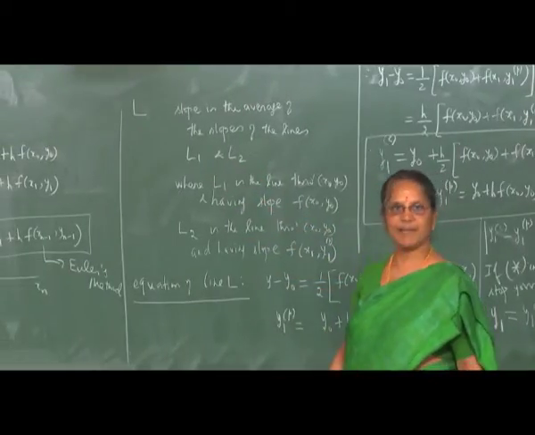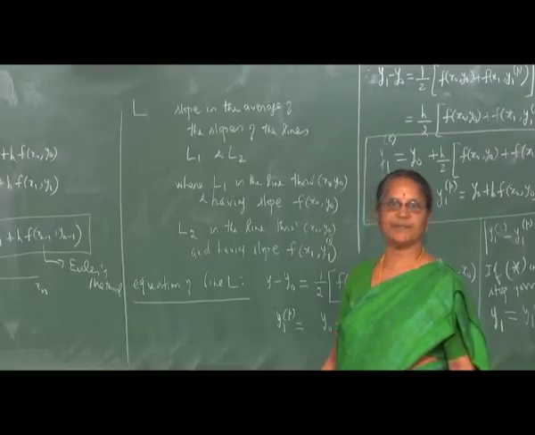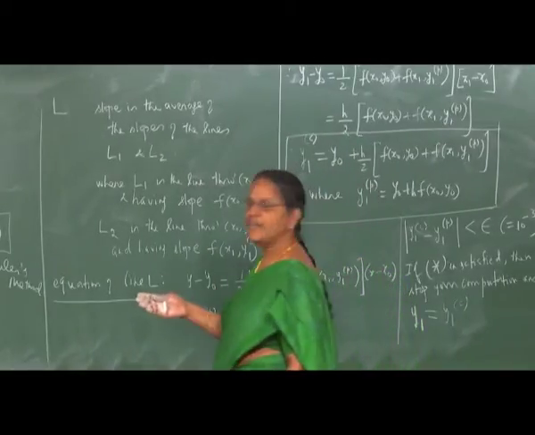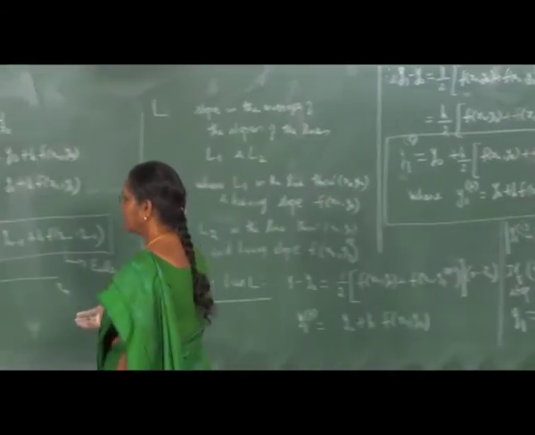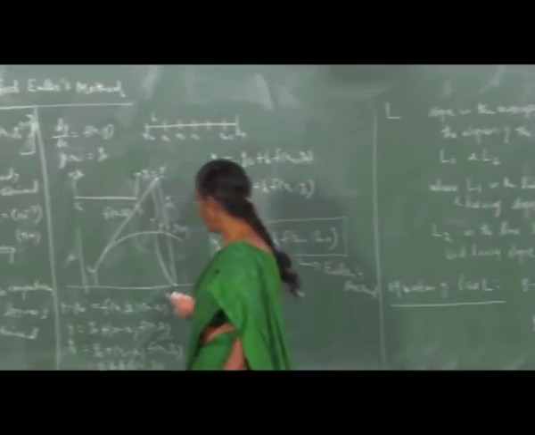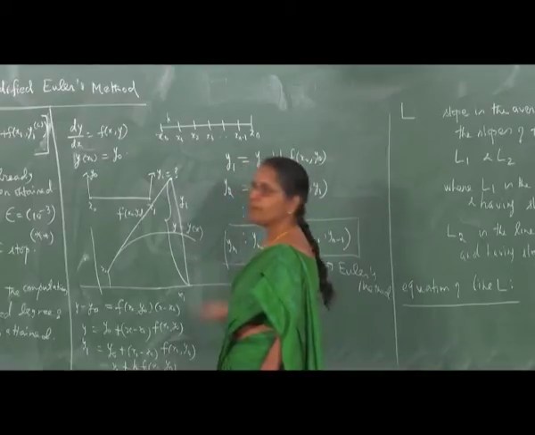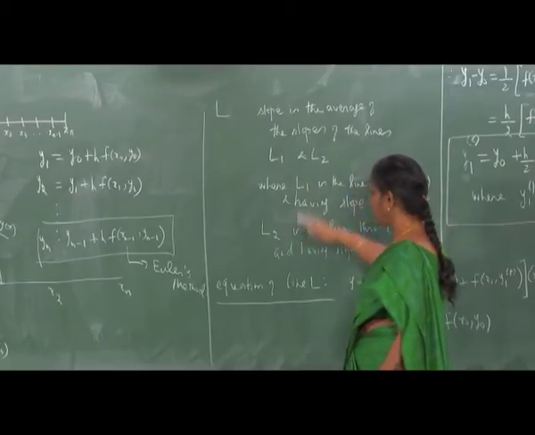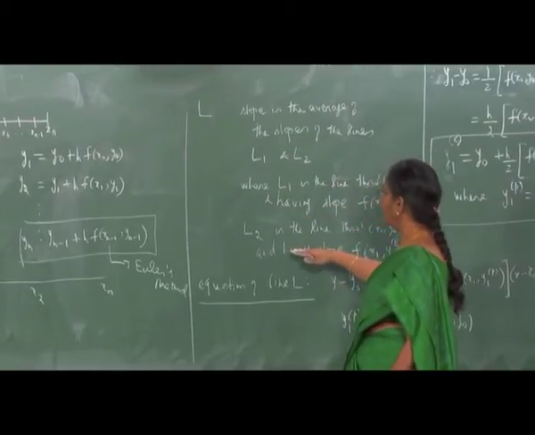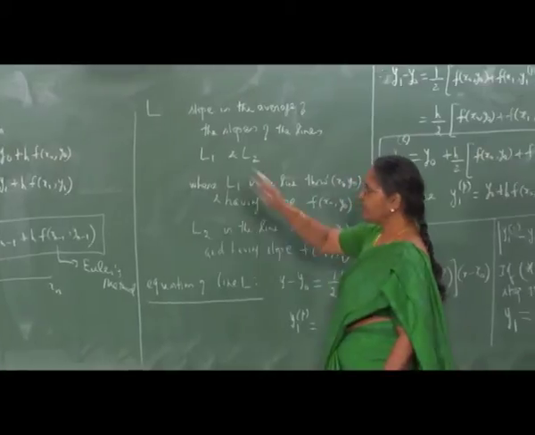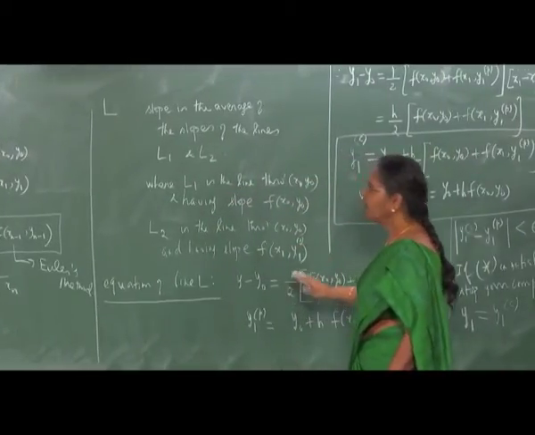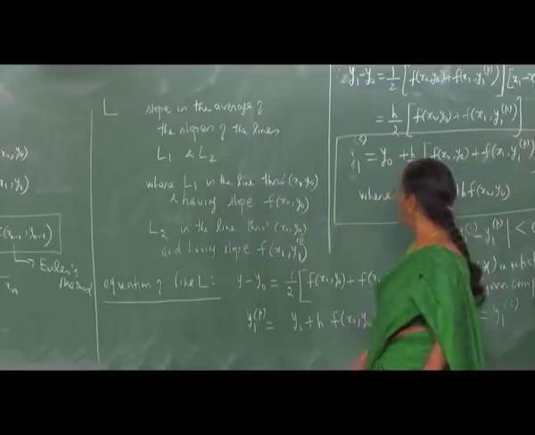which is a single step method, which is an explicit method, by simply modifying the assumption that in an interval the solution curve can be approximated by a line having its slope to be the average of the slopes of two lines passing through x naught comma y naught. We obtain a method.